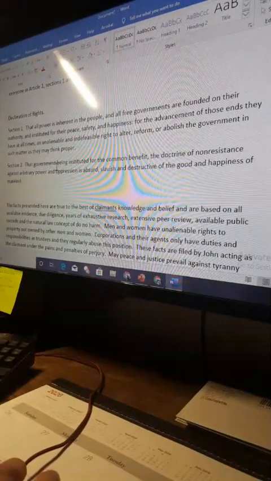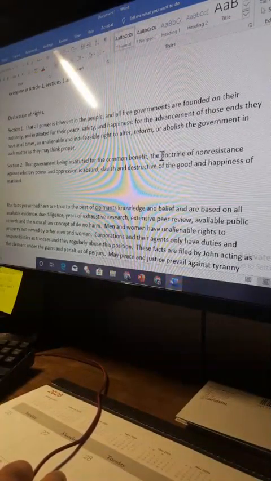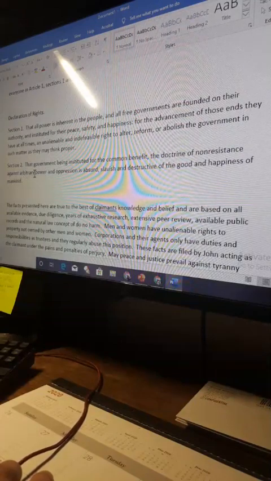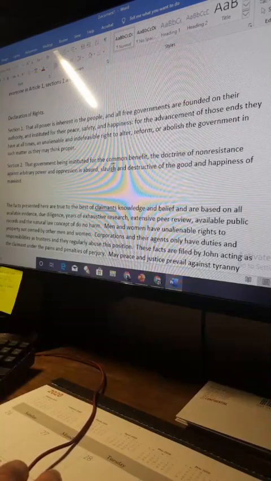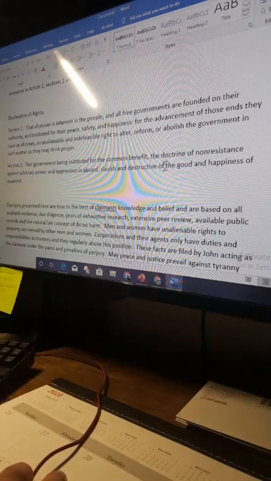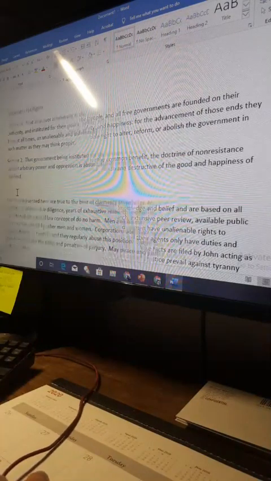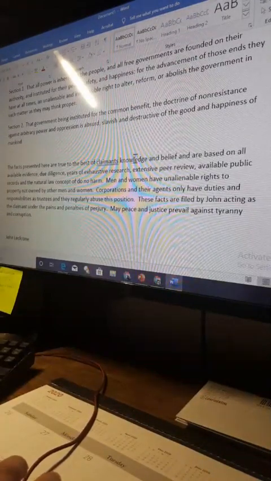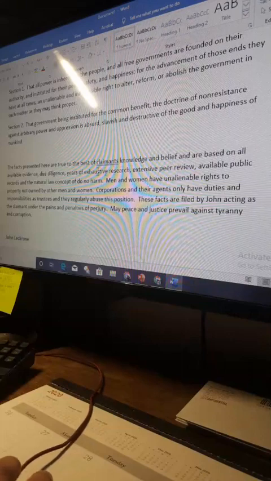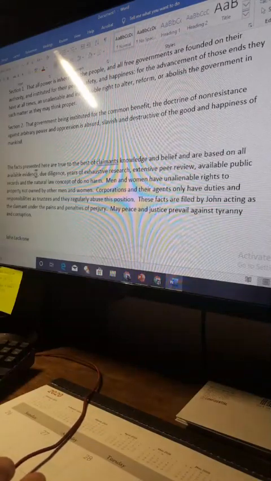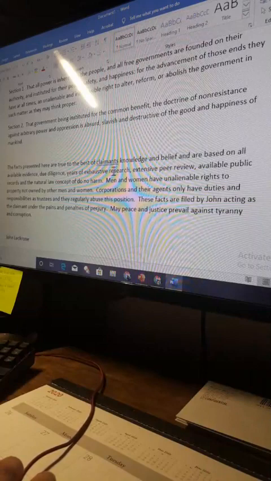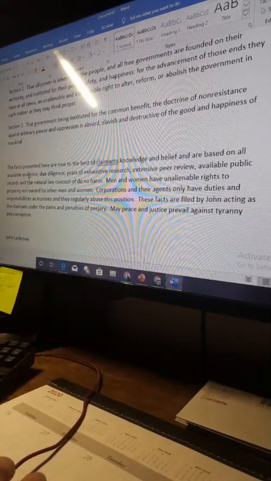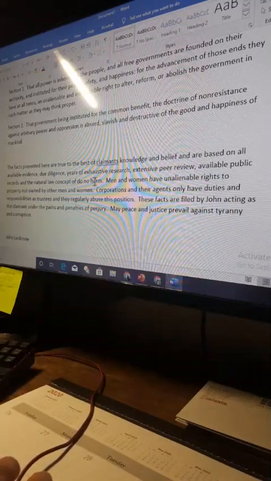Section 2. The government being instituted for the common benefit, the doctrine of non-resistance against arbitrary power and oppression is absurd, slavish, and destructive of the good and happiness of mankind. The facts presented here are true to the best of the claimant's knowledge and belief, and are based on all available evidence, due diligence, years of exhaustive research, extensive peer review, available public records, and the natural law concept of do no harm.